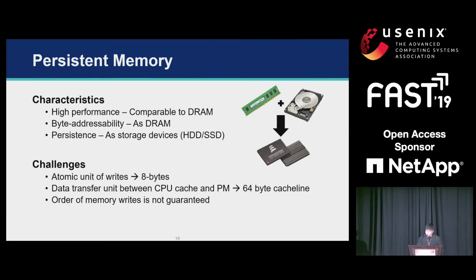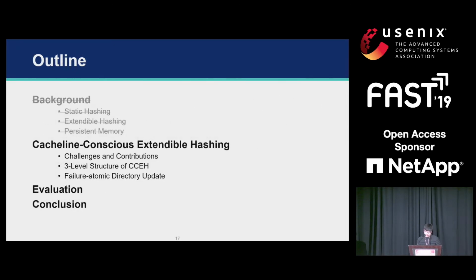The first challenge is granularity mismatch between the data transfer unit and the atomic write unit. The data transfer unit between CPU cache and persistent memory is a 64-byte cache line, but the atomic unit of writes is only 8 bytes. Another challenge is that modern processors do not guarantee the order of memory writes.